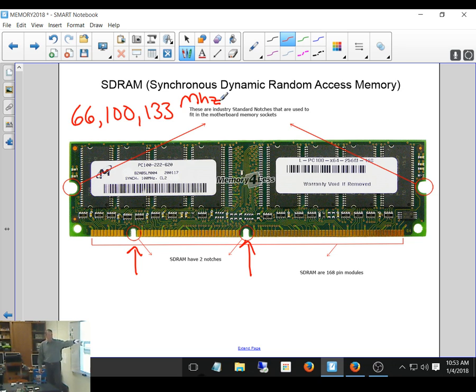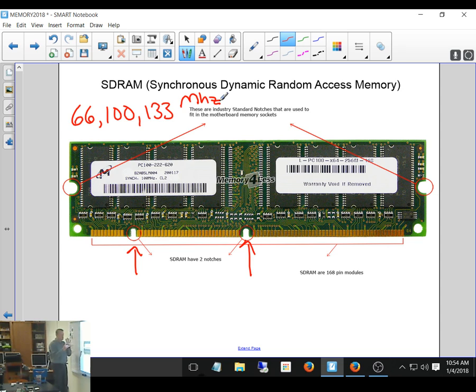So SDRAM started way back here. That was the original. When I came here to Trail 13 years ago, that's actually all we had, was original SDRAM. Probably got rid of it all 7 or 8 years ago, okay? So that's the original SDRAM, and then it got twice as fast.